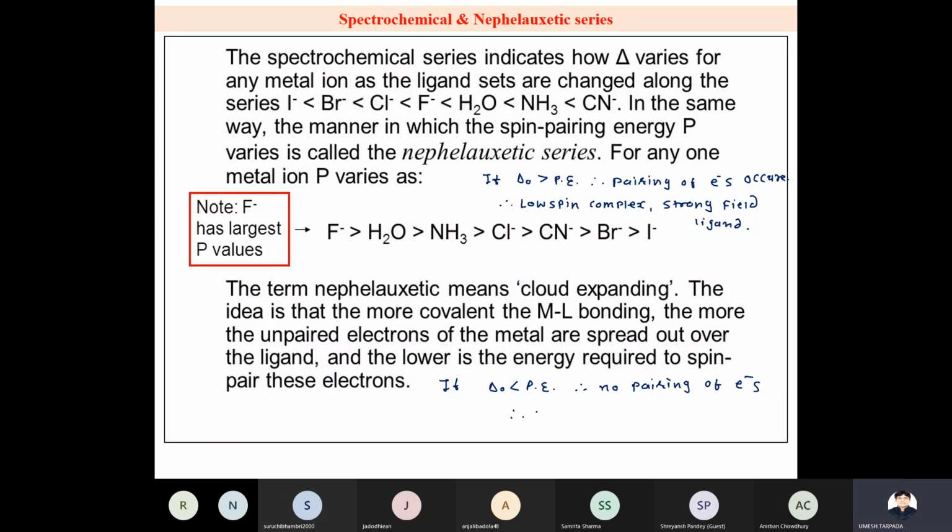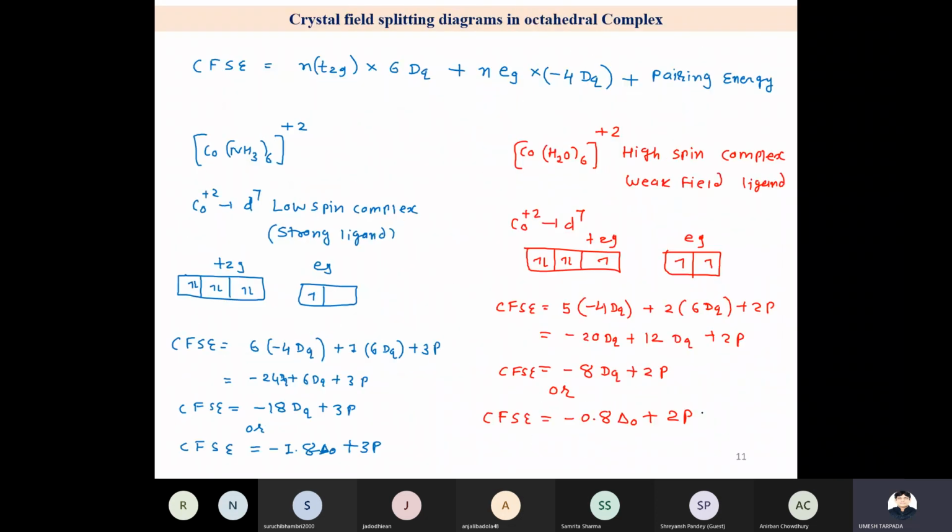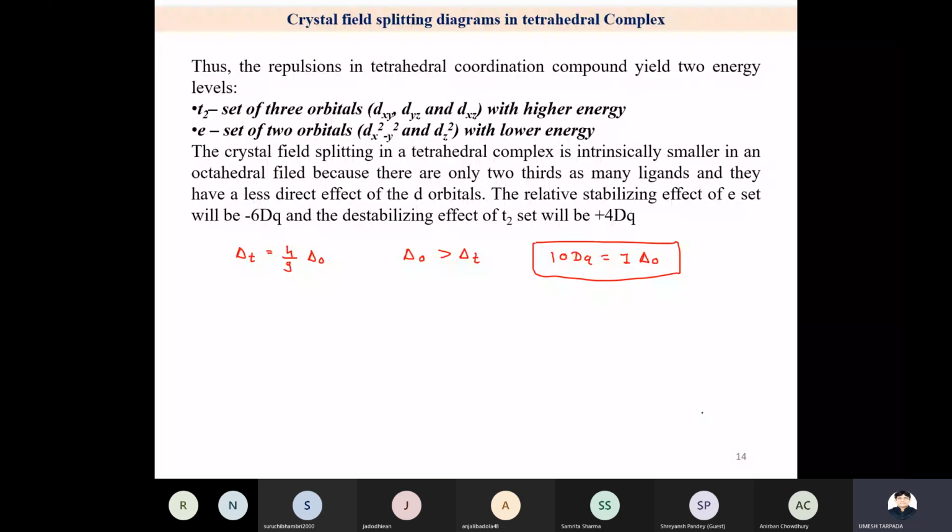At that time, this complex is high spin, and electrons may remain unpaired. So that's why tetrahedral complexes are always high spin complexes.